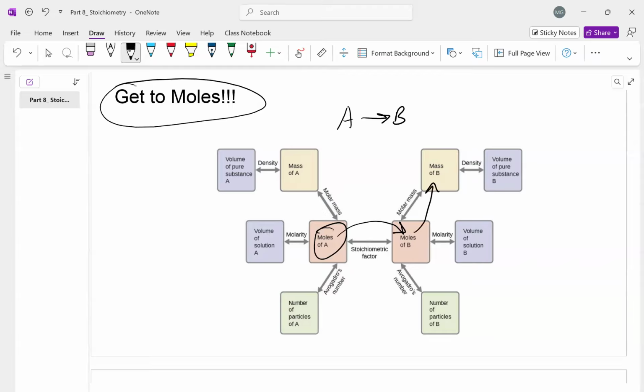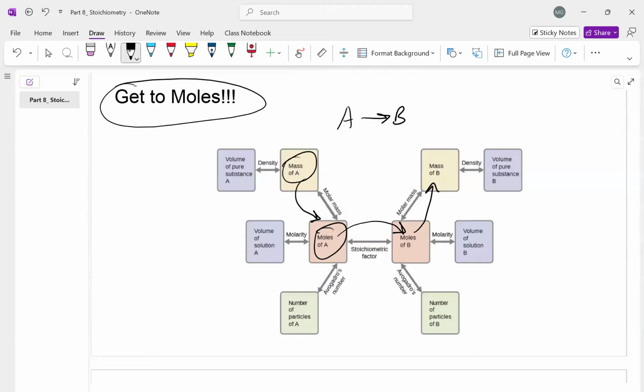Well, you can get from moles to mass by using the molar mass. In contrast, what if in the problem I say that you start off with a certain number of grams of a reactant? So if you're starting here, you can get to moles by using the molar mass. Well, what if we're doing the reaction in solutions?